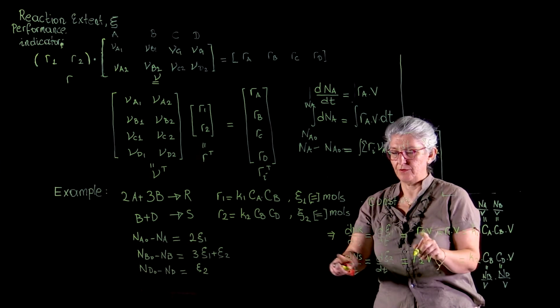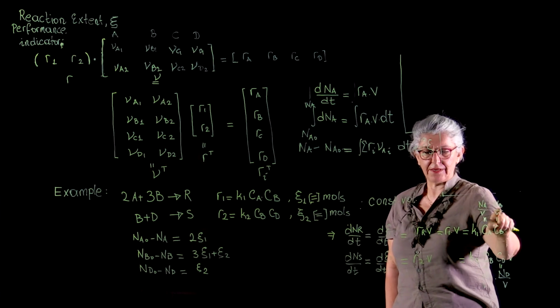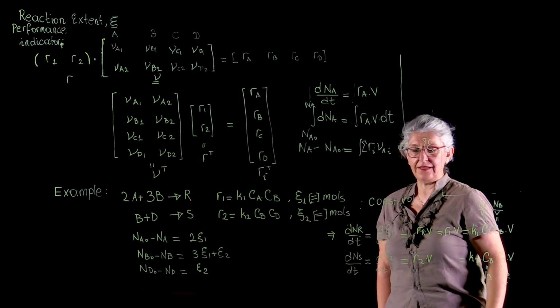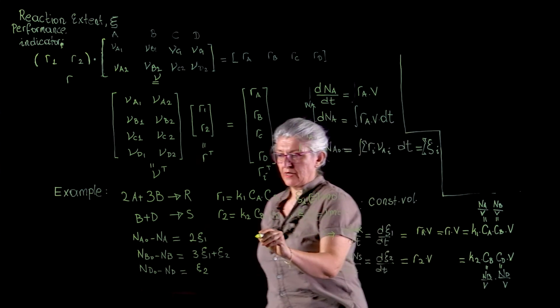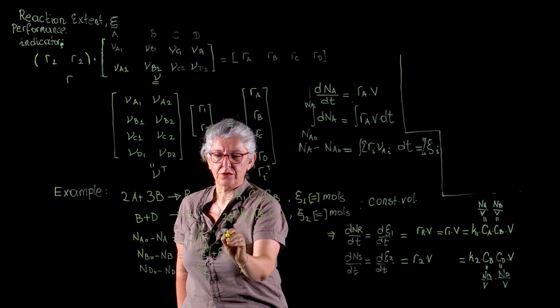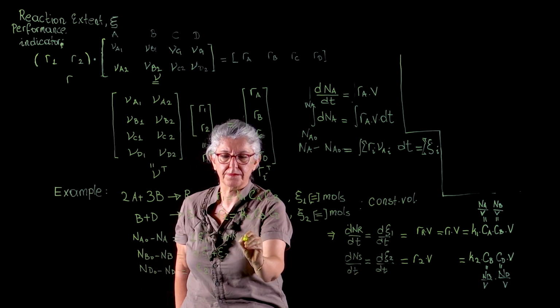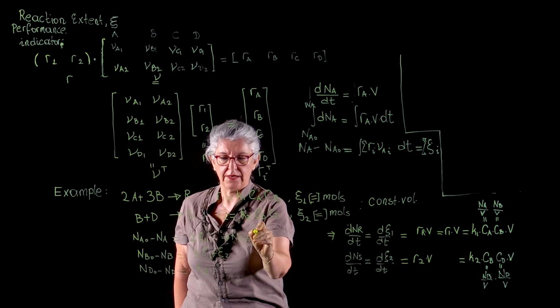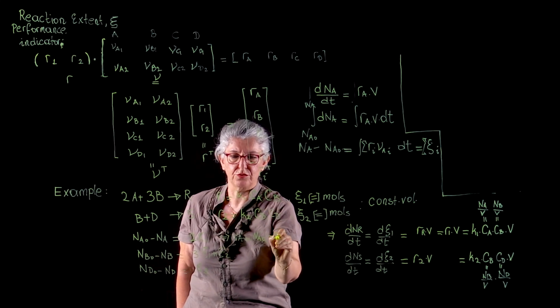Using our cleaned up version of our board, let us define Na, Nb, and Nd in terms of Psi1 and Psi2. Na is equal to Na0 minus 2 Psi1.